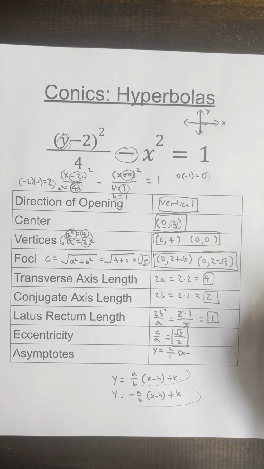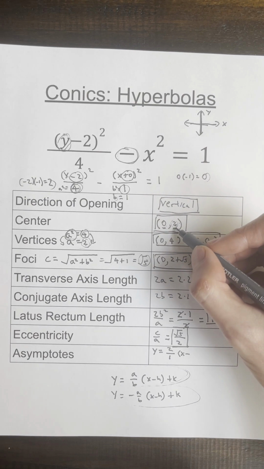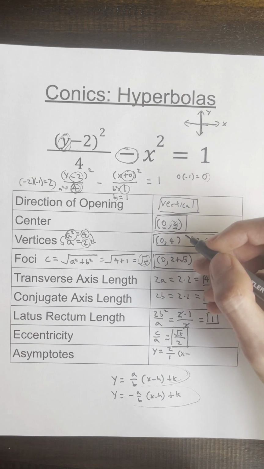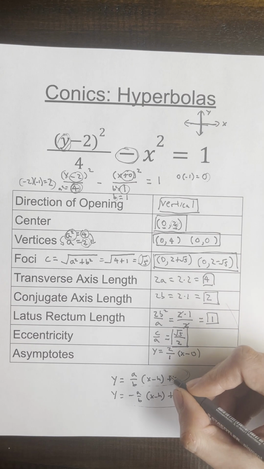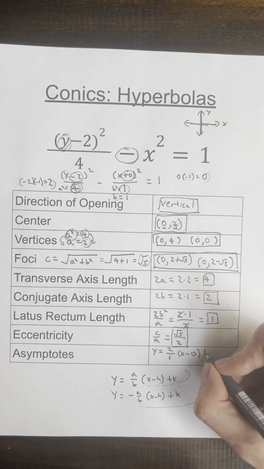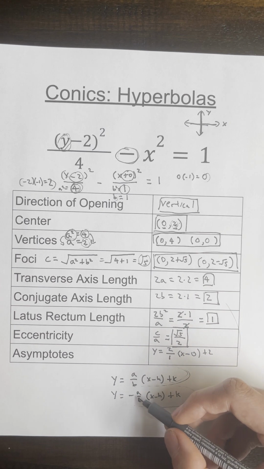How do we find h and k again? We need to go to the center. So this number is h, this number is k. So change h to 0 and k to 2. And for this one, I just need to tack a negative sign in front.